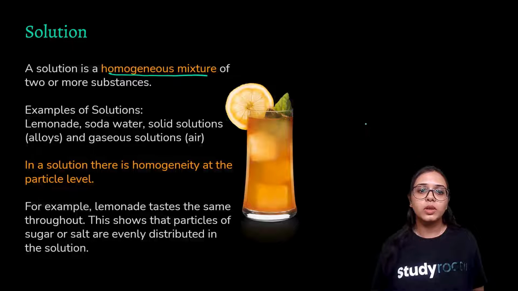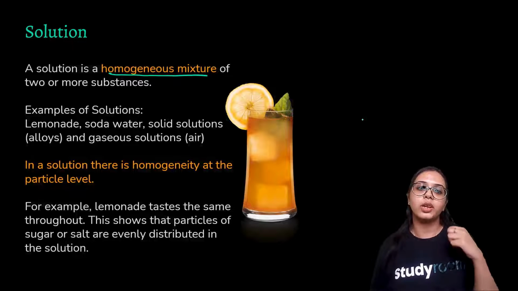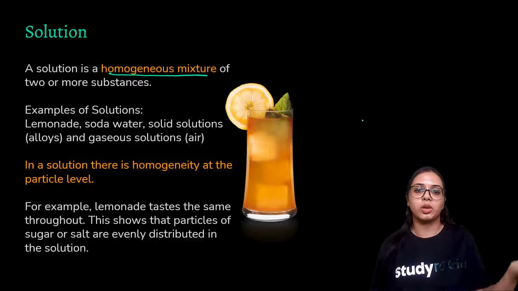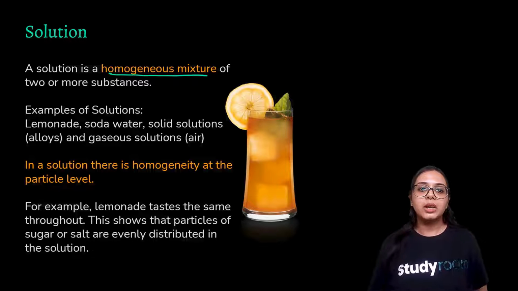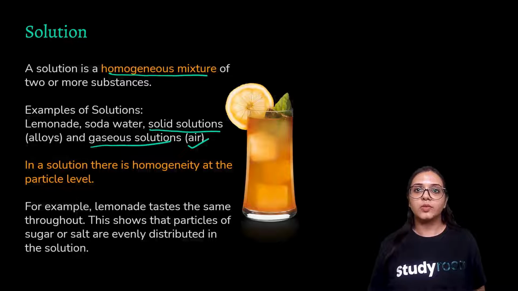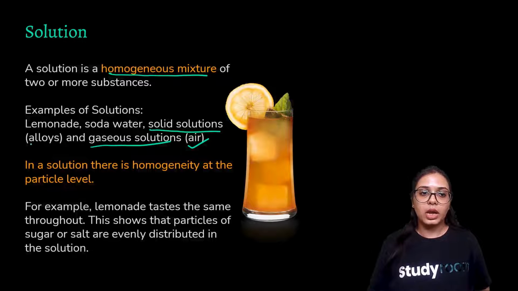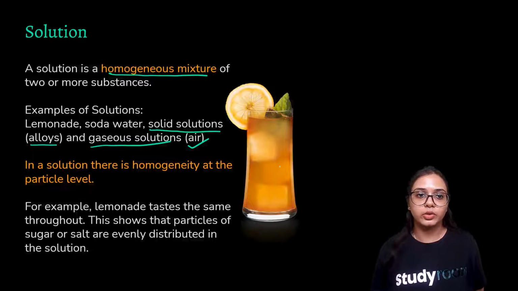Now a solution does not only depend on liquid, it does not only depend on water. Yes, there are lemonade, soda water, other sorts of solutions, but the important thing to remember here is that there are also solid solutions and gaseous solutions. For example, air is a homogeneous mixture, and the solid solutions that we'll be learning about ahead, alloys, are also solutions.